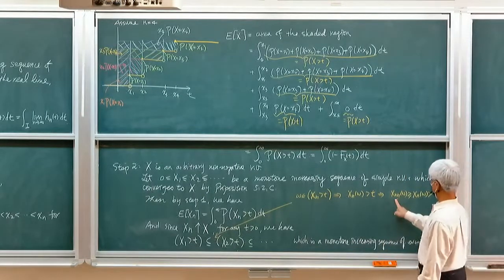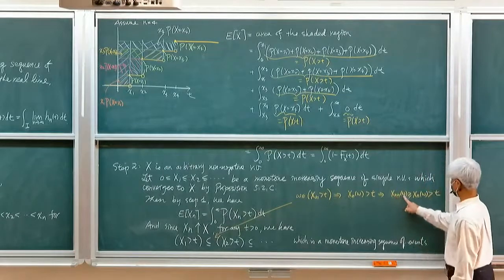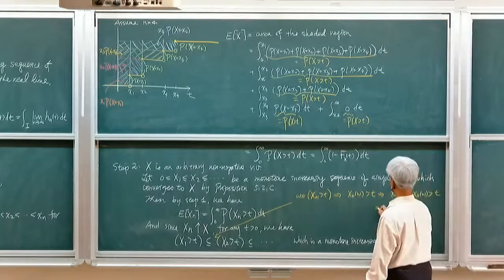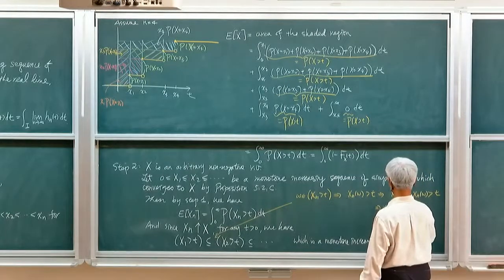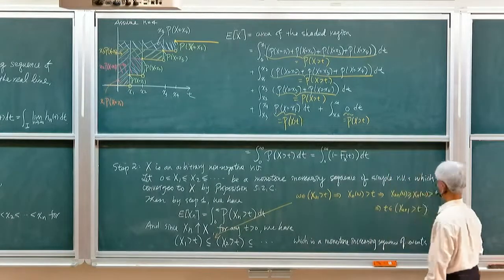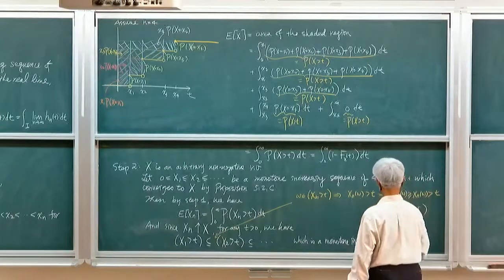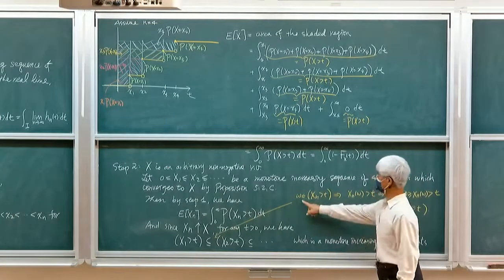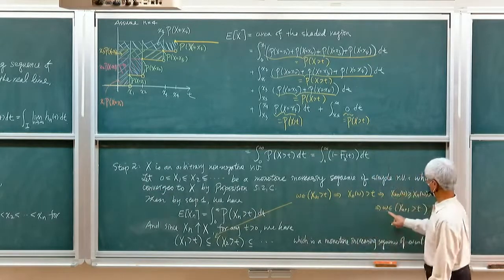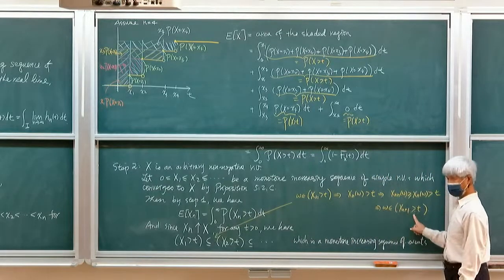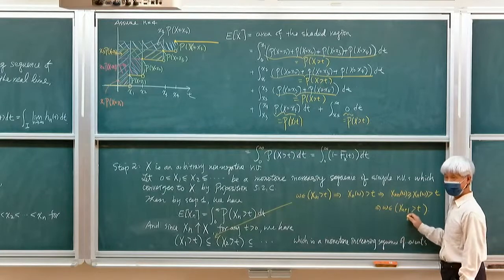So omega is in the event Xn+1 greater than t. So every outcome in this event is in this event. So this is bigger.